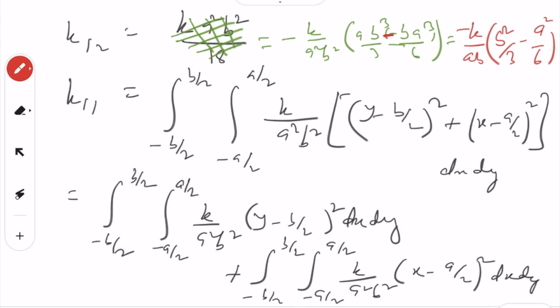Okay, so b square over 3 minus a square over 6. We can write equal to k over ab and write like a square over 6 minus b square over 3.